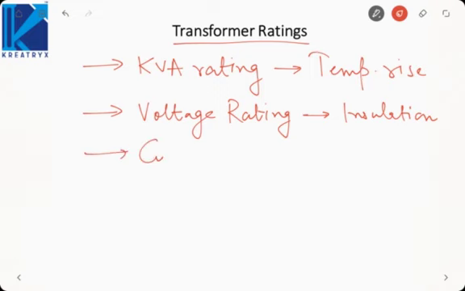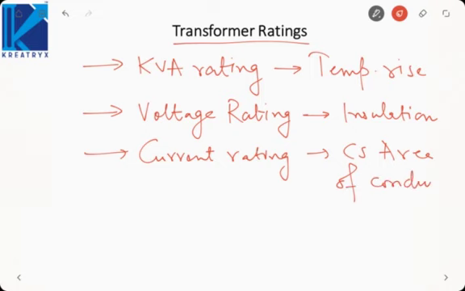And last, current rating. It depends on the cross section area of the conductor. The higher the current, the more cross section area of the conductor is required so that it can handle that much current. If the cross sectional area is less, then the conductor may get burned out.